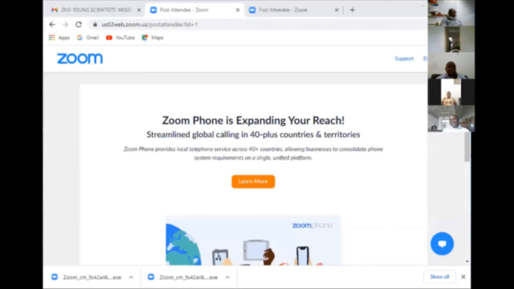Share screen. What is it? What's the problem? It's working.